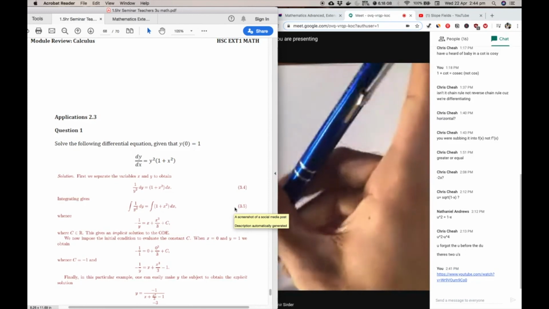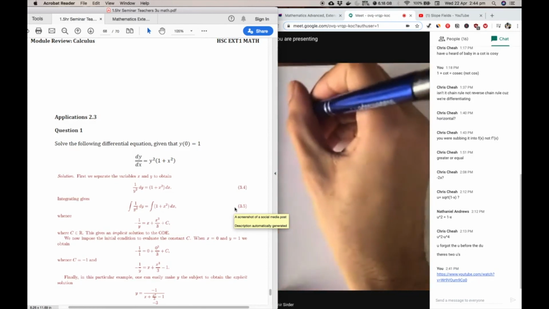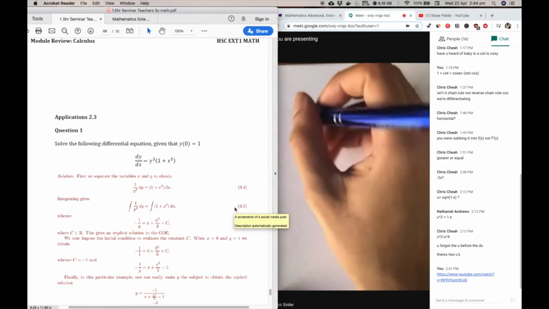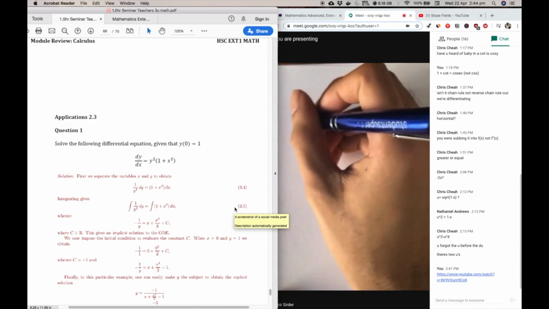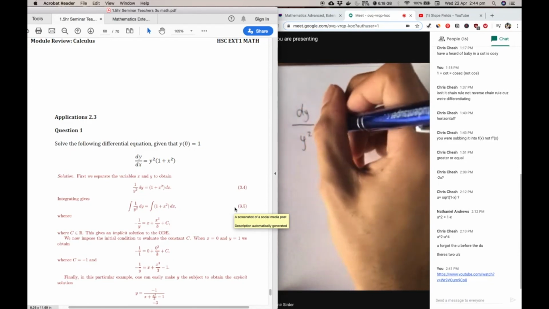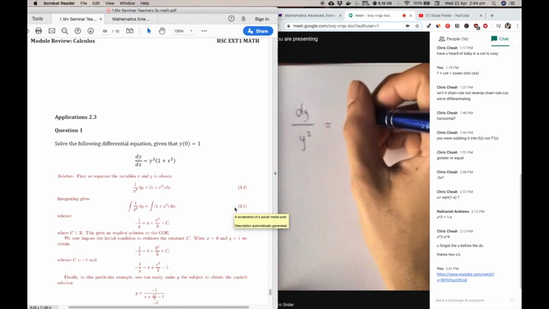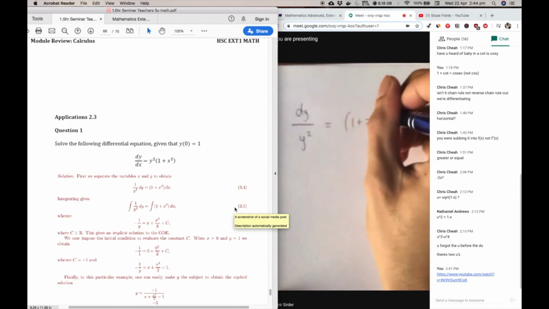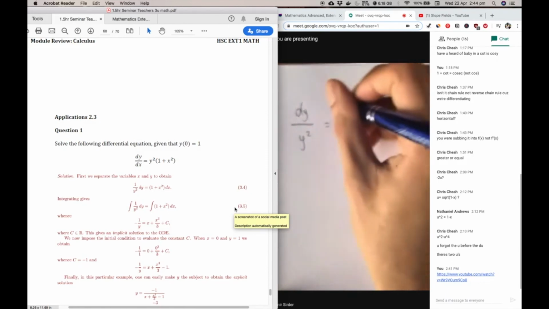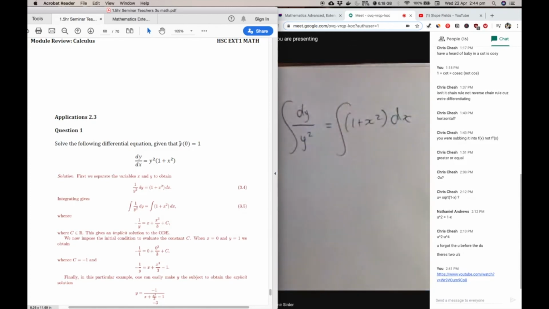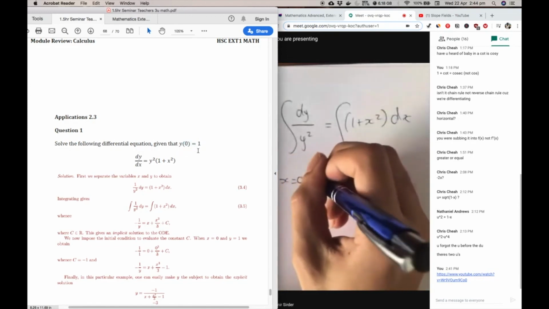So we have separate the variables. dy over y squared equals 1 plus x squared dx. Integrate both sides. Now they've given us initial conditions. They say when x equals 0, y is equal to 1.